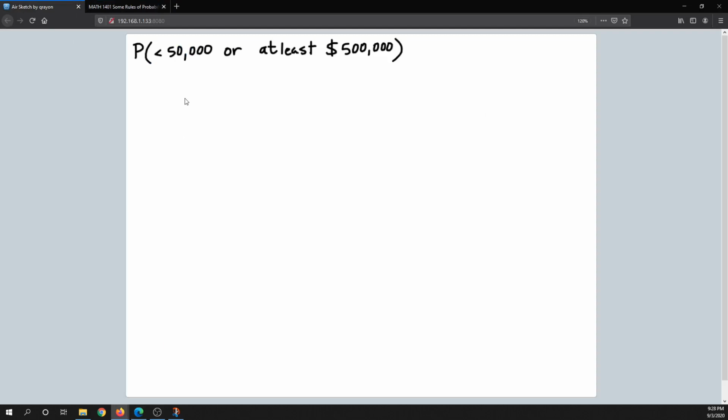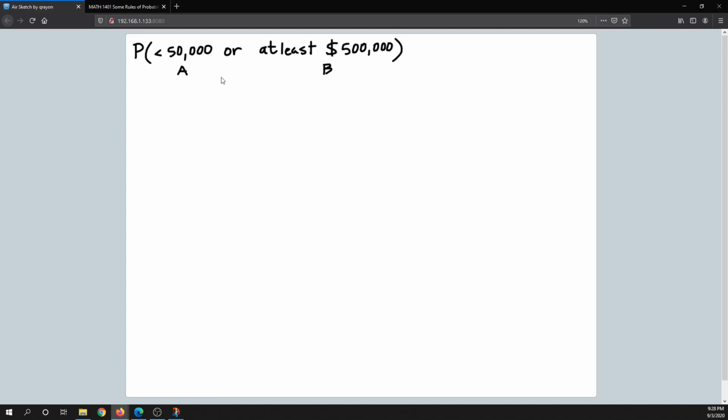All right, so here's what we want to calculate. So this would be like our event A right here, less than 50,000 or at least 500,000, okay? And they want us to calculate the OR of two events, right? So the first thing we're going to have to decide is, do I have to use the general addition rule or can I use the special addition rule?